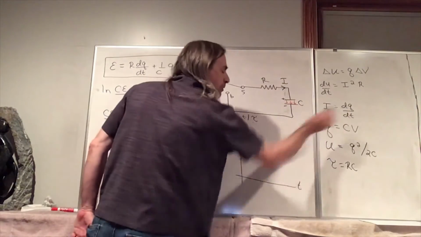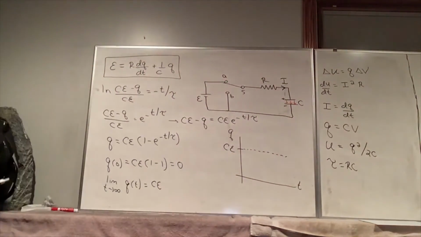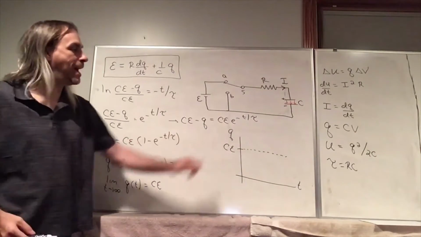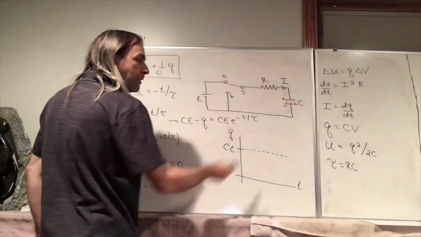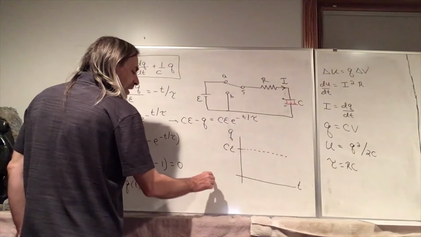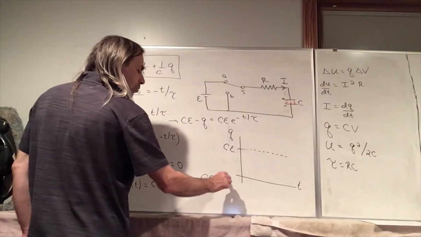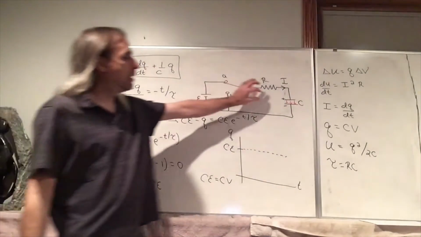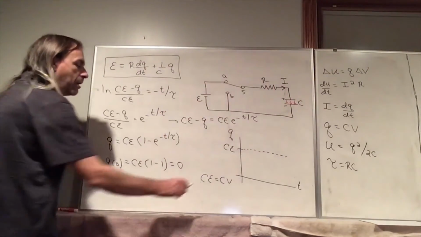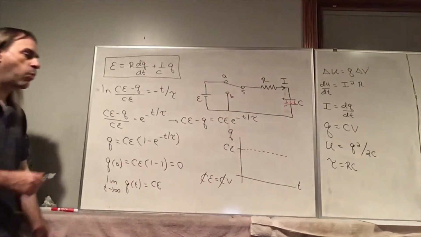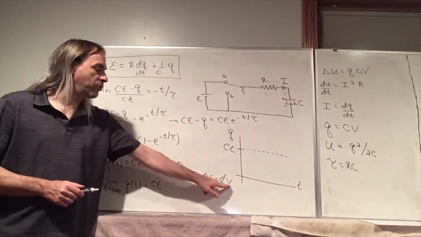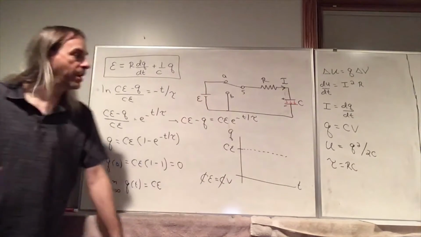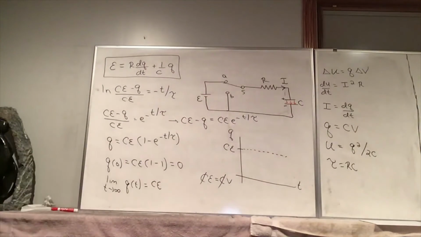And again, q equals cv. So once q is equal to c epsilon, let's just plug that in. We'll have c epsilon equal c times v, which is the potential difference across the plates of the capacitor. We can see once we reach this limit, the potential across the capacitor is equal to the EMF of the battery, and so it's going to stop there.